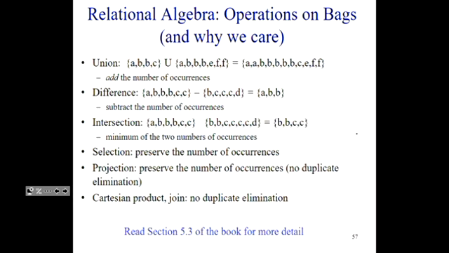In the union case, you add the number of occurrences. In the difference case, you subtract the number of occurrences. In the intersection case, you take the minimum of the two numbers of occurrences, while in the select, project, and Cartesian product cases or join cases, you preserve the number of occurrences. You don't do any duplicate elimination. Okay, so that was bag algebra.